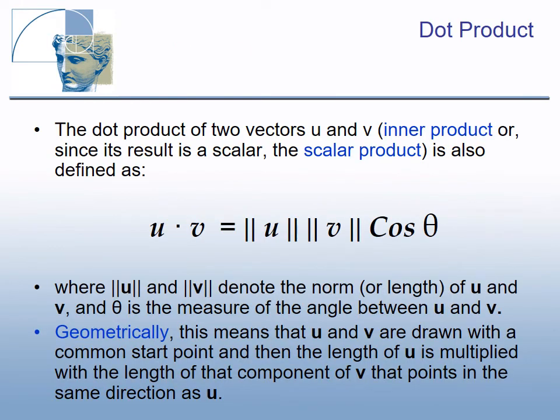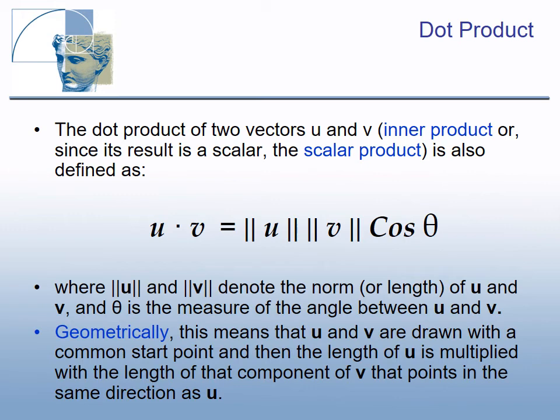The dot product of two vectors, u and v, is also defined by the following expression. You can see it in the slide, and here you can see the lengths of vectors and also the angle between these two vectors involved in the calculation of dot product.